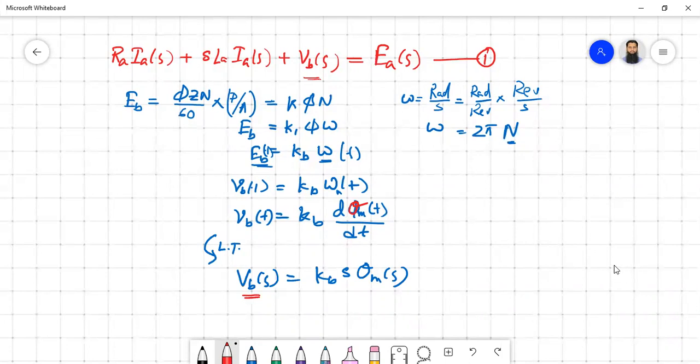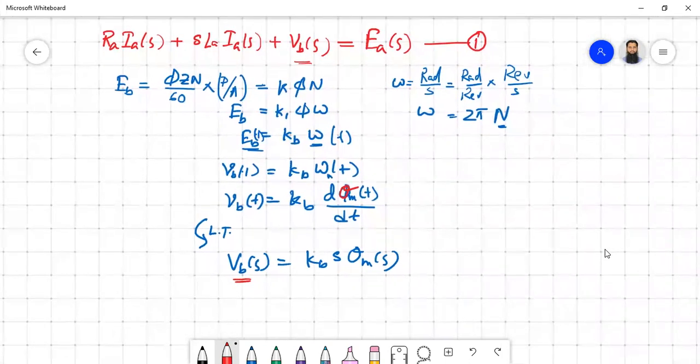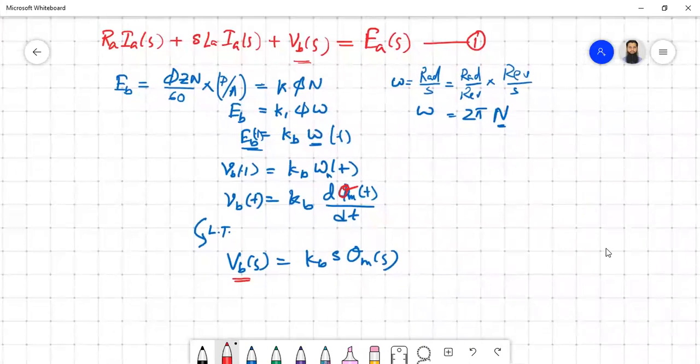But on the other side, Ia is the parameter that has to be converted into theta m. So how to do that? For that, we use another motor equation that we already know. The armature torque tau is basically proportional to K phi Ia from the motor.